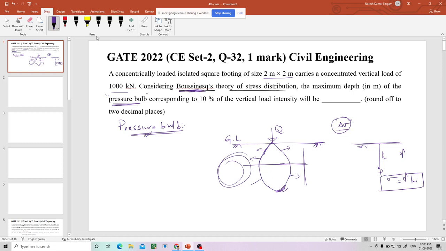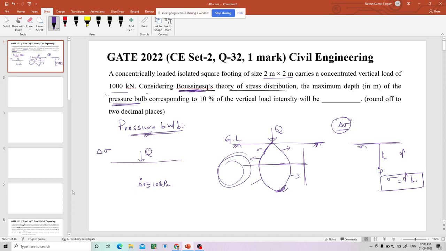Now I'll explain another thing here. If you talk about the increment in the stress, let us say at this point delta sigma equals 10 kPa. At some other point, delta sigma may also be 10 kPa.